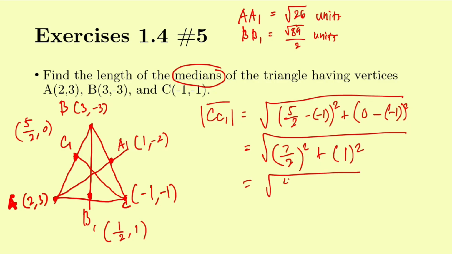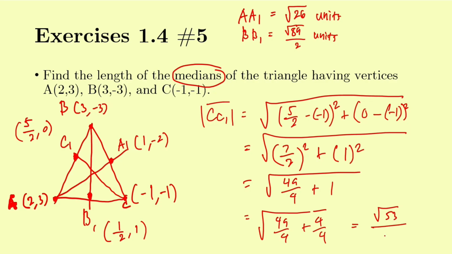And that's equal to 49 over 4 plus 1, which is equal to 49 over 4 plus 4 over 4, which is equal to 53 over 4, square root of 53 over 4, or square root of 53 all over 2. So the length of c and c sub 1 is equal to square root of 53 all over 2 units.